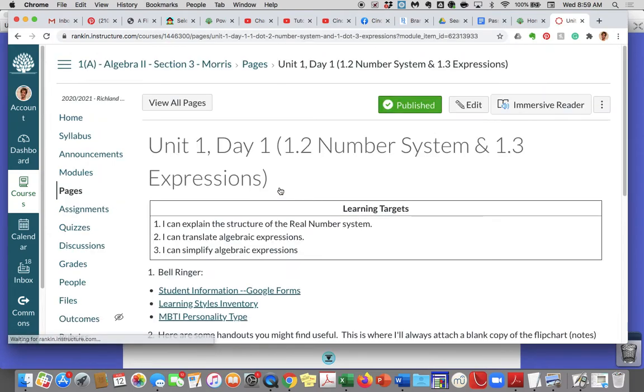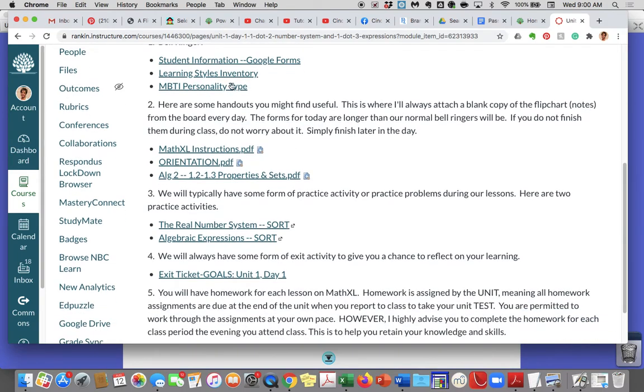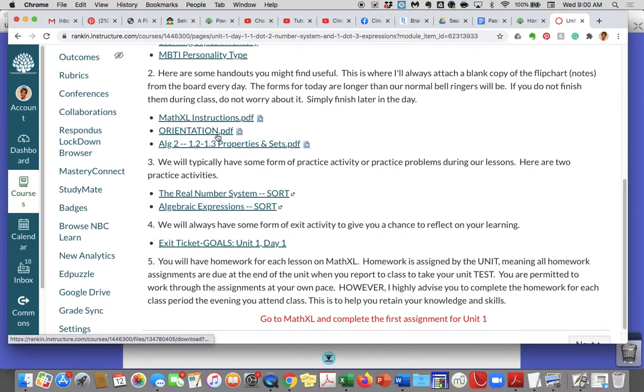Click on that, and this is just a page with all the links on it. So this is all the stuff that we're going to do. We're probably going to do that on Orientation Day because we have so much to do with virtual learning this year. But right here, this is the PDF of what I'm pulling up on the board.